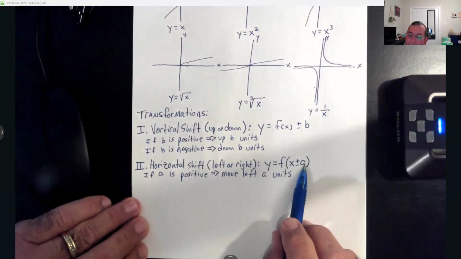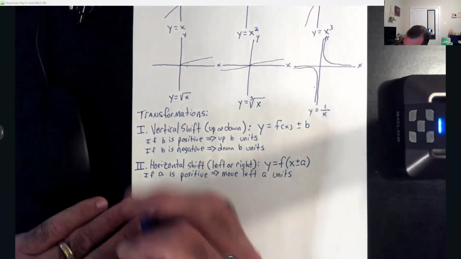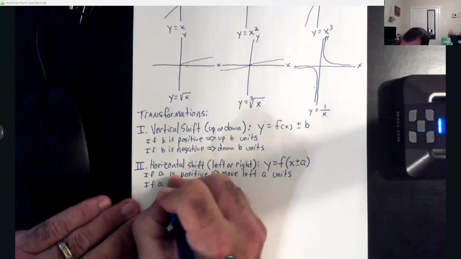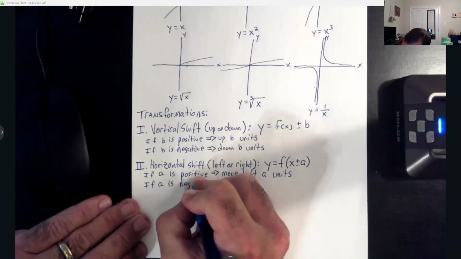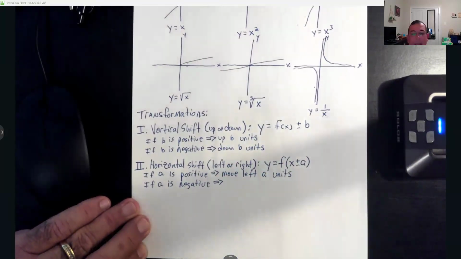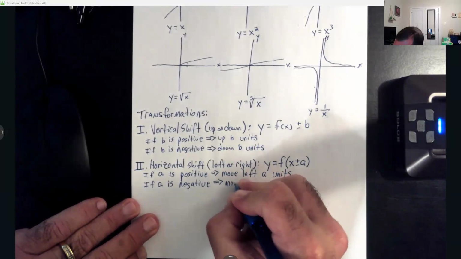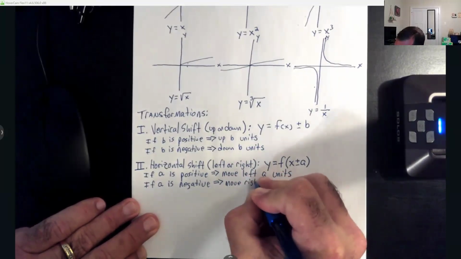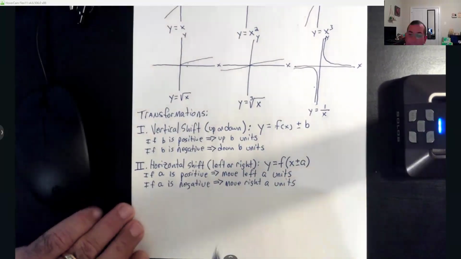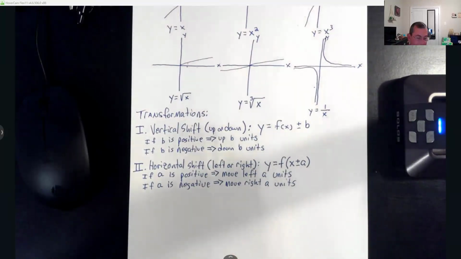Okay, so adding does not move me right like you would think. It actually moves me left. And then if a is negative, it's actually going to move it right a units. And the reason is because we're actually changing the x values before they get evaluated, okay?